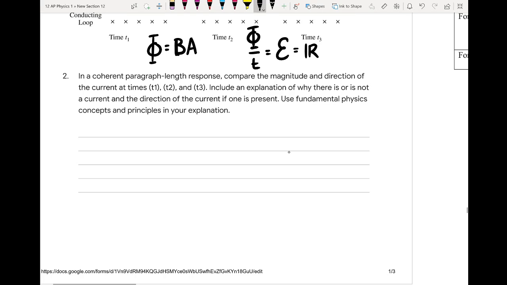Then instead of just writing the change in flux over time, I have magnetic field times area over some amount of time, so I can replace this with magnetic field times area to equal I times R.